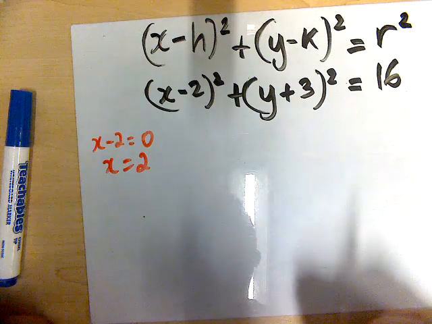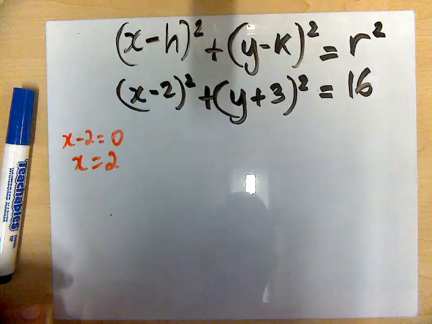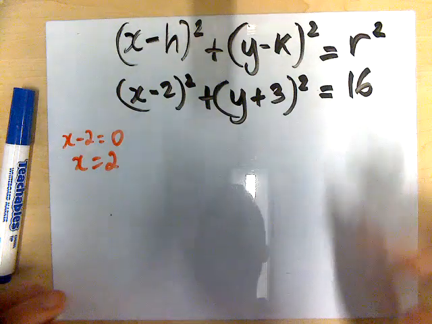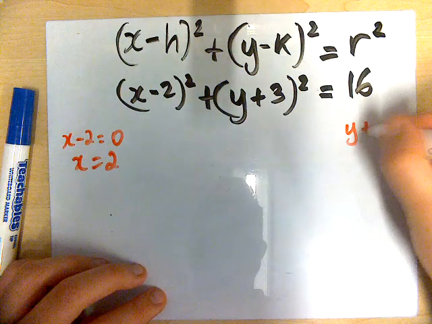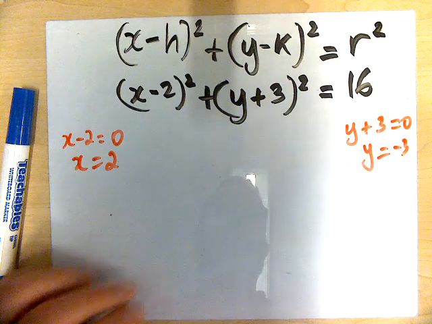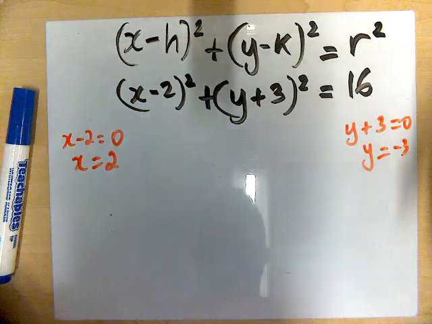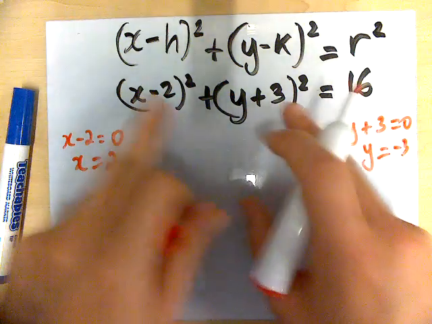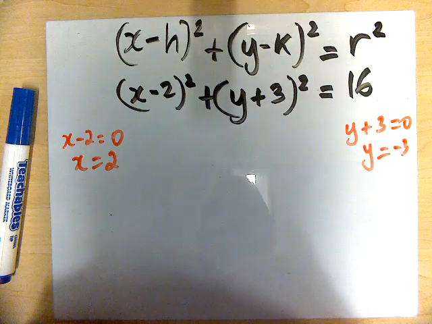It's going to translate the origin of our circle 2 units to the right. Now if I solve for y, y plus 3 equals 0, y equals negative 3, which means it's going to translate my circle 3 units down. So all I've done is solve for these values in here, h and k, which represent our translation.